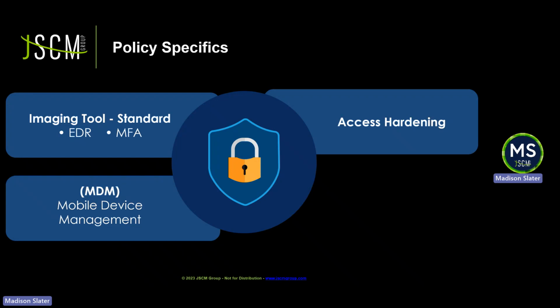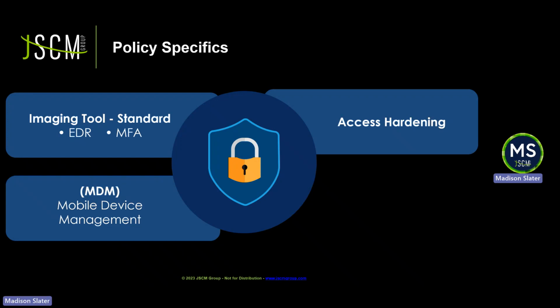So if you decide at some point, maybe right now you're not running MFA and next month you're going to be implementing it, having an MDM solution can give you the capability of rolling that out more effectively. And again, talking about things like imaging tools, the more consistency you can build, the better your hardening process and policies will be, the more effective they will become.